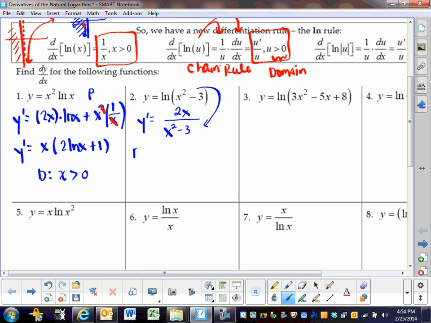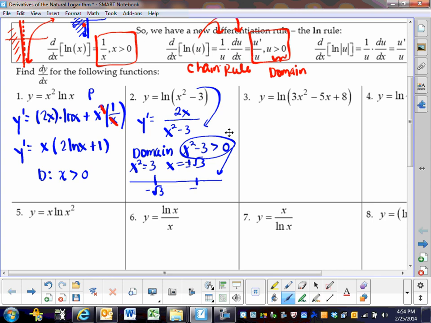If we look at number 2, we wouldn't necessarily notice this from the derivative. From the derivative standpoint, x simply can't be plus or minus root 3. However, for the natural log, x squared minus 3 has to be strictly greater than 0. So we would get our zeros by saying that x is plus or minus root 3.